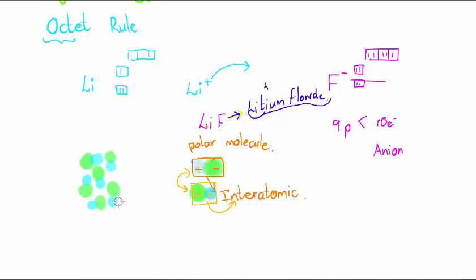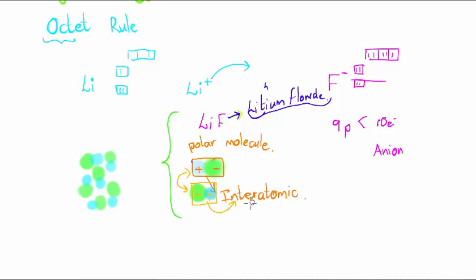I actually did a terrible job here. They're completely stuck to one another. There's very strong forces in polar molecules. Okay, and this type of bond, when two atoms bond in such a way, because of the one being positive, the other one being negative, they're now attracted to one another.